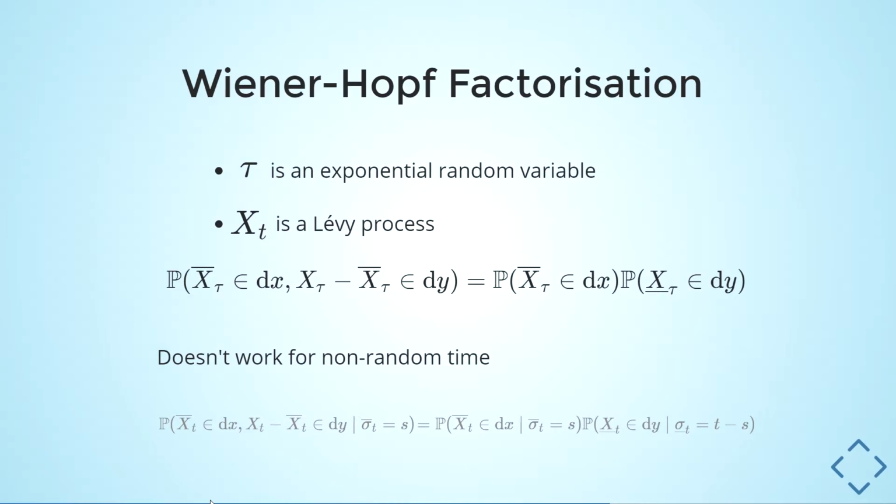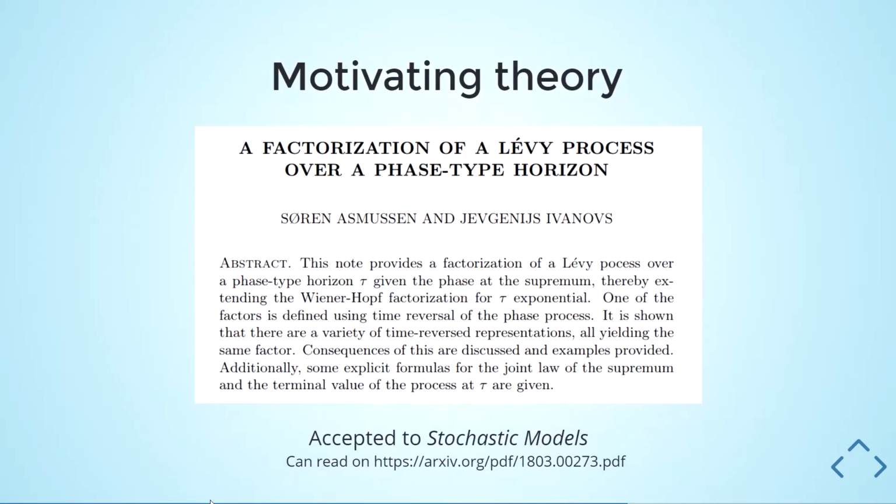So it's like a more generalized Brownian motion. In that case, you have the same property, which is that the running maximum and the final value are independent of each other, and you can calculate this distribution.